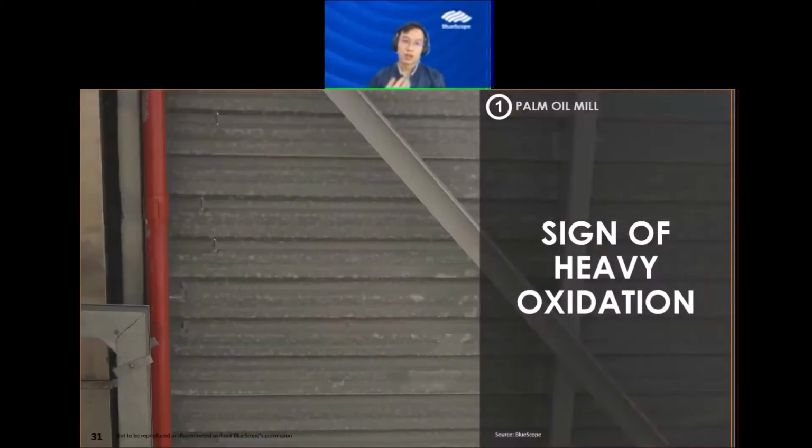These are actually signs of heavy oxidation, because as you may know, a palm oil mill is like many other industries. Most of them are running 24/7 to keep up with efficiency as well as productivity. So the cladding itself, or even the steel sometimes, will constantly be exposed to steam, 24/7. This is very different from when the cladding is exposed to rain.